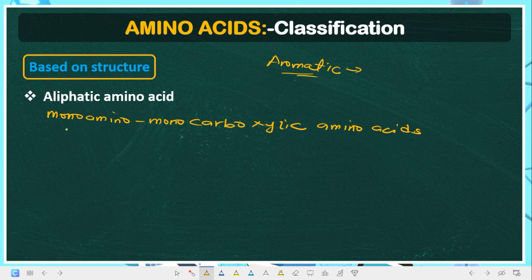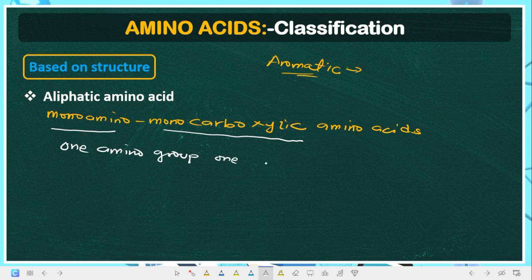They are those amino acids that have one amino group and also how many carboxylic groups? One carboxylic. That is why they are called monoamino and what? Monocarboxylic amino acids. Any amino acid that has one amino group and one carboxylic group is known as a monoamino, monocarboxylic amino acid.